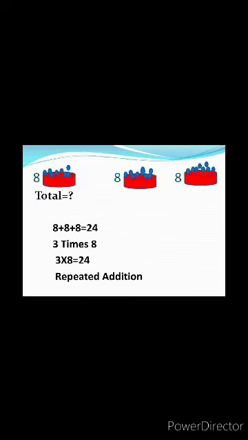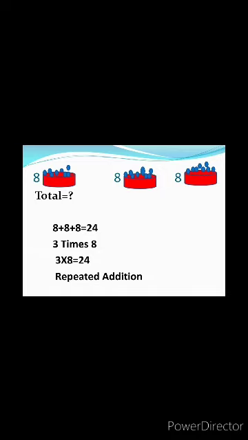Now, see children. In this slide, we'll be studying repeated addition. There are 3 red containers and there are a certain number of balls in them. How many balls are there? 8 balls in a container. Now what will we do to add these balls? That will be 8 plus 8 plus 8 equals 24. But if the same number of balls are kept in each container, what can we easily do?